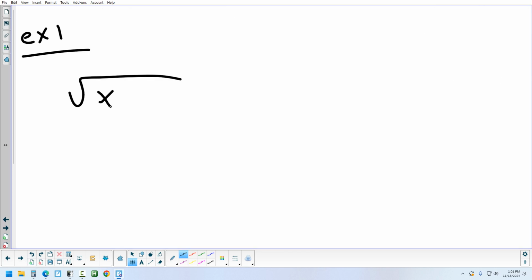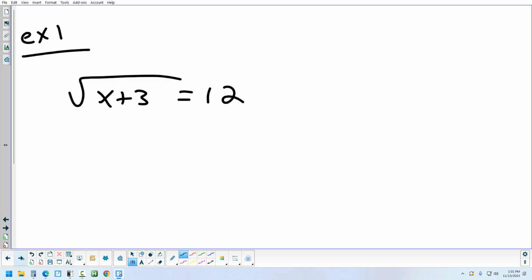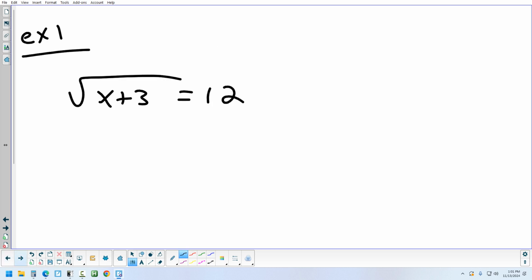Square root of x plus 3 equals 12. Okay, so first question, is the radical isolated on one side? Yes, it is. So then we're going to raise each side to the power of the index. There's no index written there, so the index is a 2, which means we're going to raise each side to the second power.